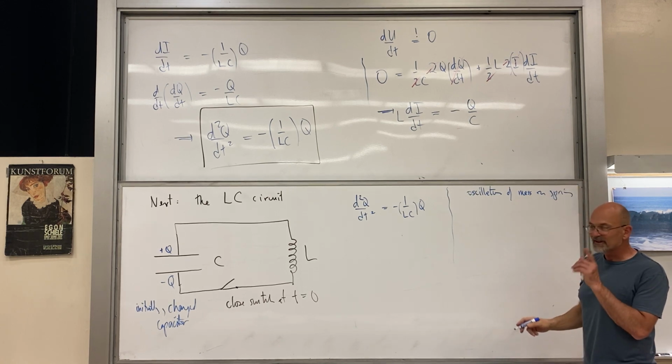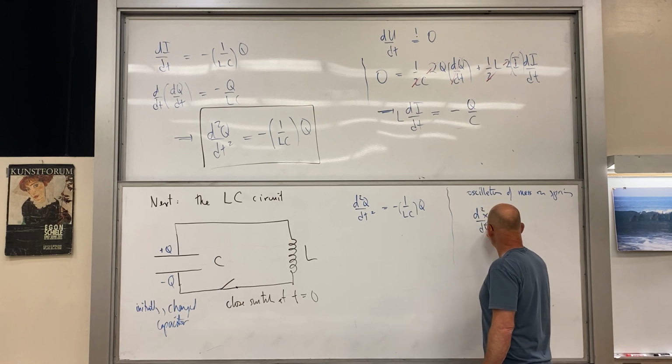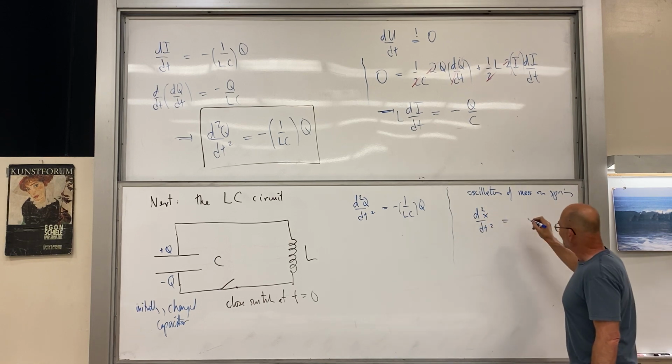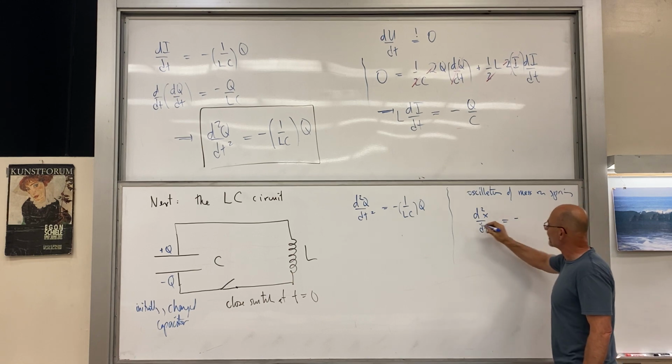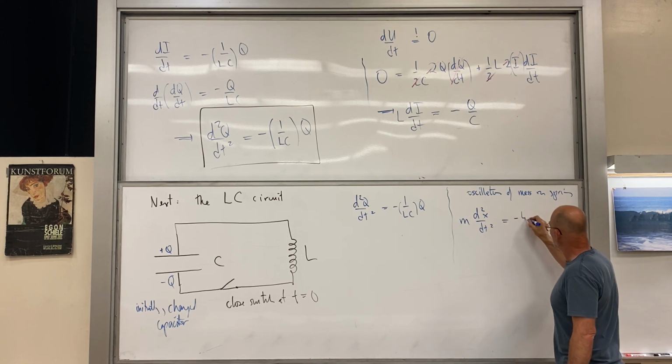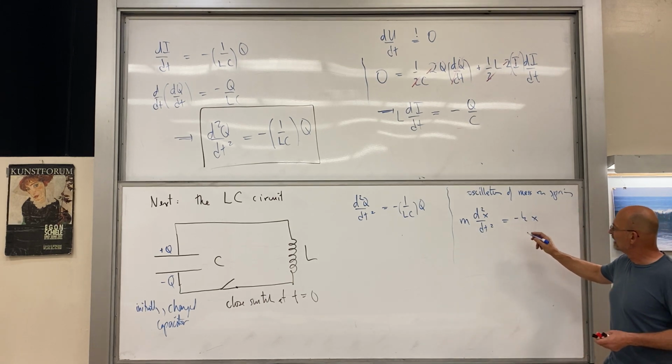So when we had oscillations of the mass on a spring, we had d squared x dt squared equals minus kx. This was Hooke's law for a mass on a spring.